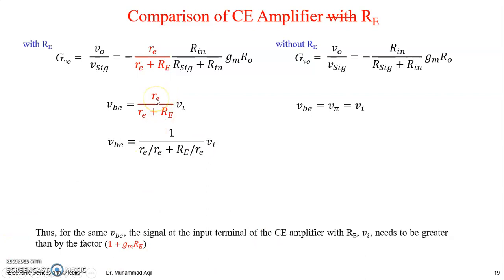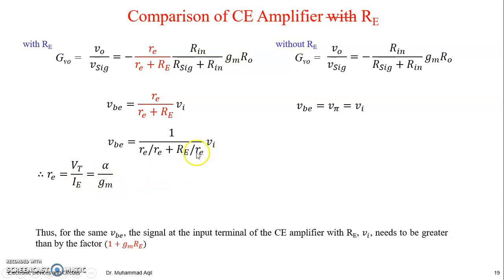So let's simplify this to get some useful relation. If I bring this RE towards the denominator of this, RE plus RE, we get this, and this becomes 1. We know that RE is equal to alpha by GM, that is VT by IE, or alpha by GM.